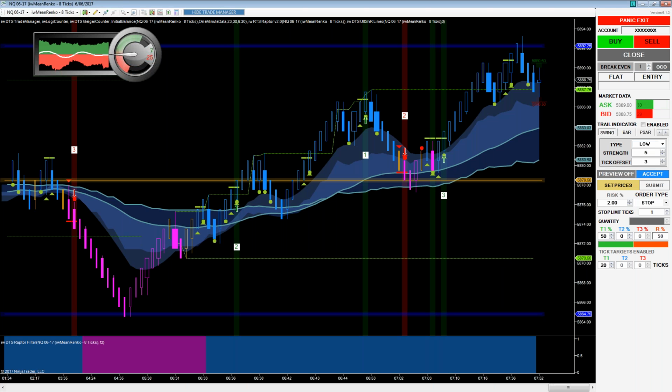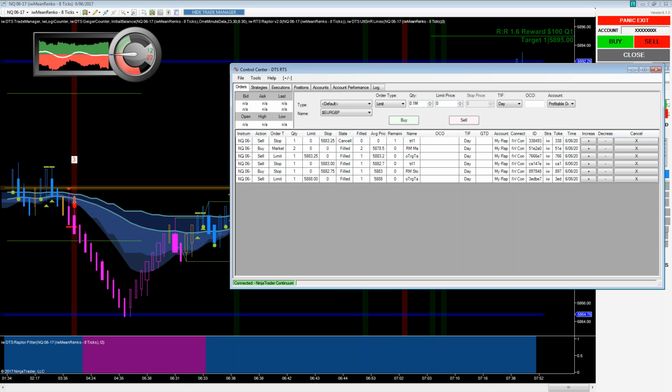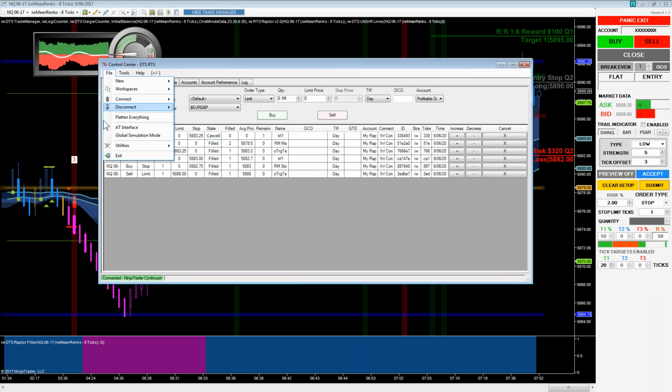We're long, and all of a sudden, for whatever reason, the bottom seems to be falling out of the market, and you've got more than one open position across several charts. If you hit the panic exit button, it will flatten all positions associated with your account. It's essentially a shortcut to the flatten everything tab.